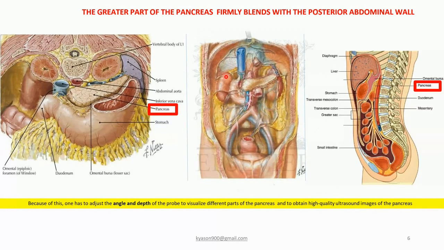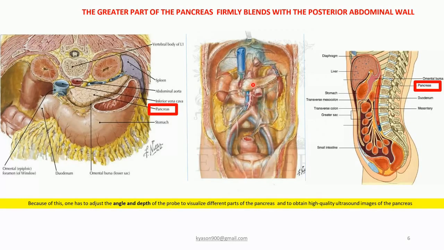The tail is more posterior because of the obliquity of the pancreas. It's going to be behind the peritoneum. This is the parietal peritoneum. Last time we said that the peritoneum almost encloses some organs of the abdomen, like the intestines, and that's why we call them intraperitoneal. But for our pancreas, the greater part is behind the peritoneum, as you can see here, and that's why it's largely retroperitoneal.